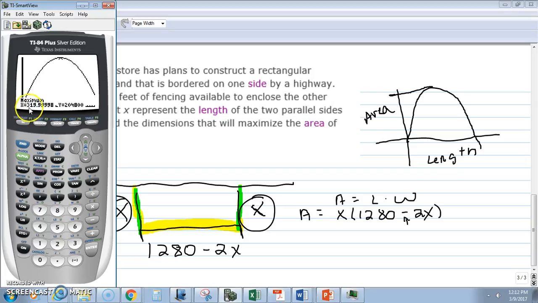Okay, and it says 319.9998. I bet that's like 320 will be the length that will give us a maximum area of 204,800. So that's going to be the answer you plug into the complete sentence.